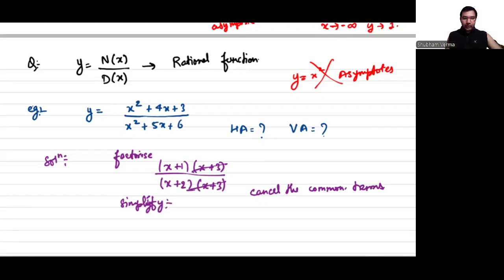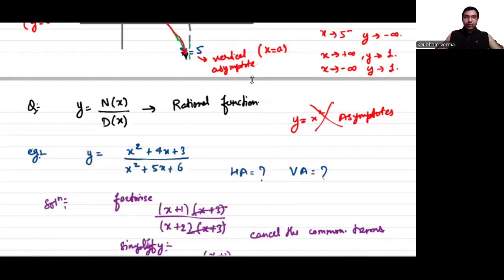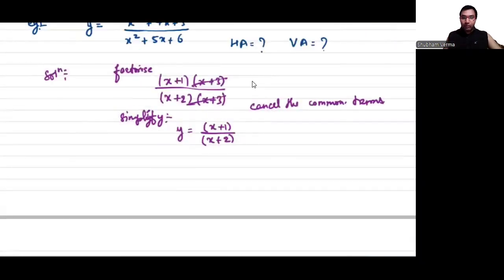Once you cancel the common terms, what is your y? Isn't it (x plus 1) divided by (x plus 2)? Now, in order to find the vertical asymptote, what did I discuss over here? In general, how will the vertical asymptote look? x equal to a. Any sort of vertical asymptote will have an equation x equal to something. Now, from where do you get x equal to something? When you equate the denominator to 0.